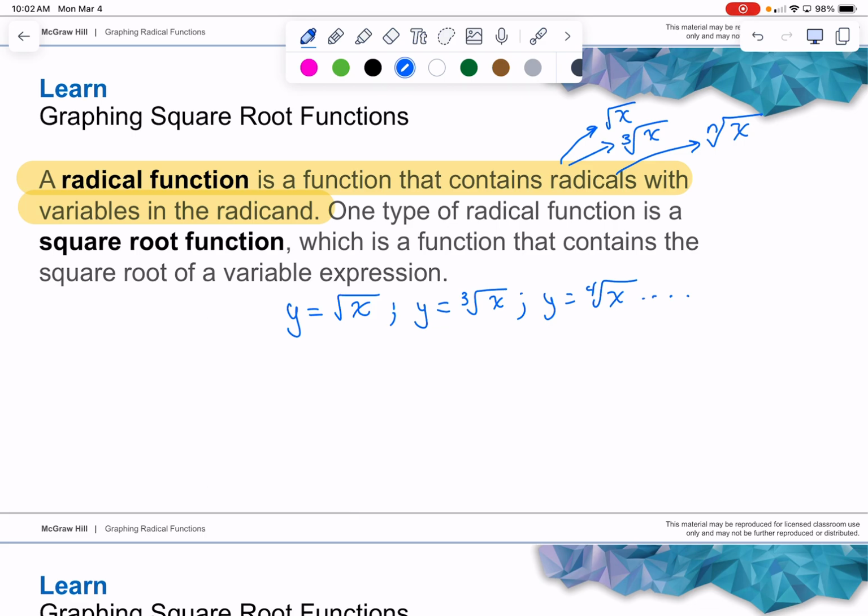And I believe we are on page 323 for all of this. 323.